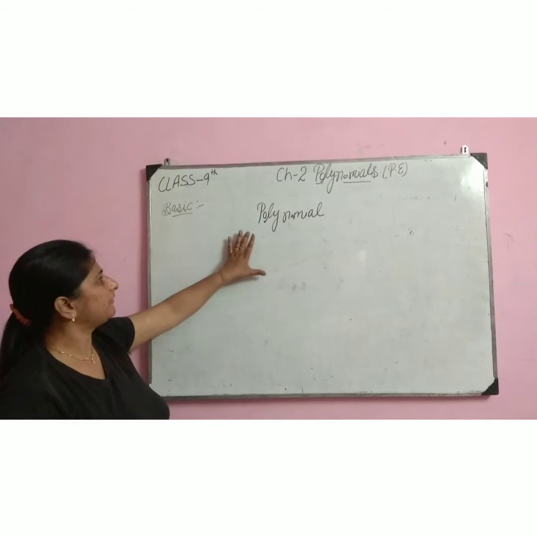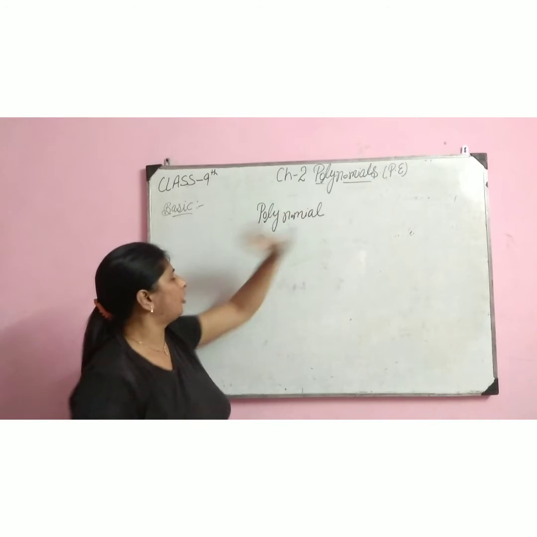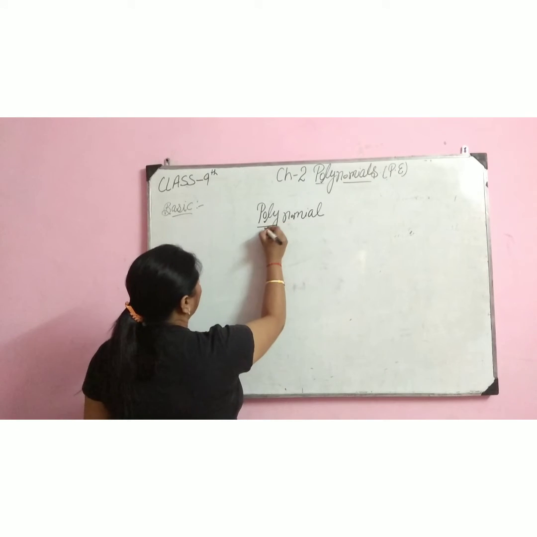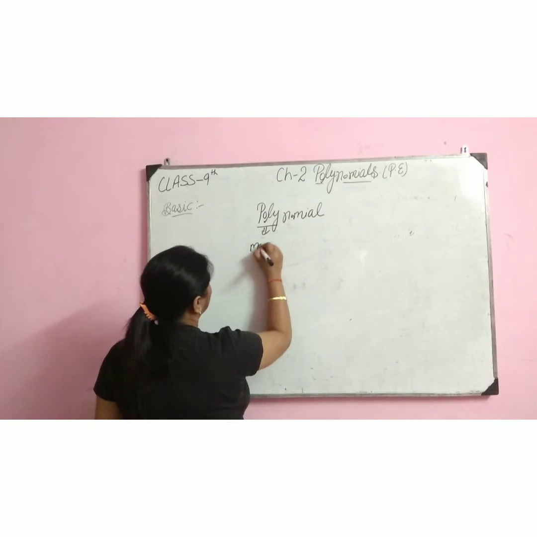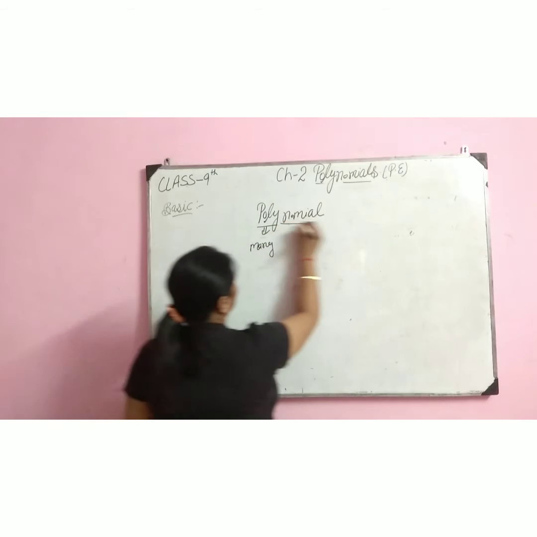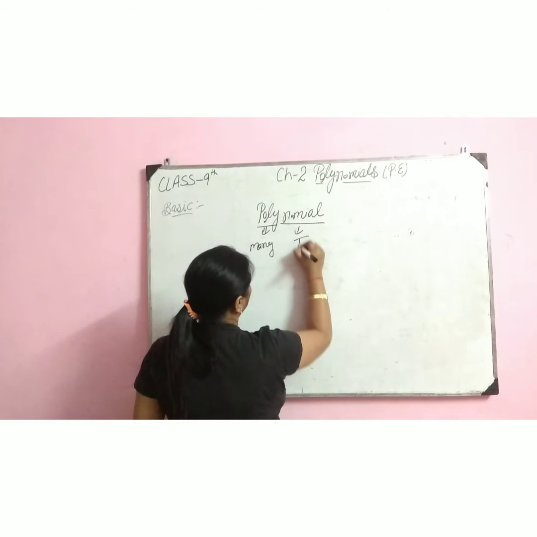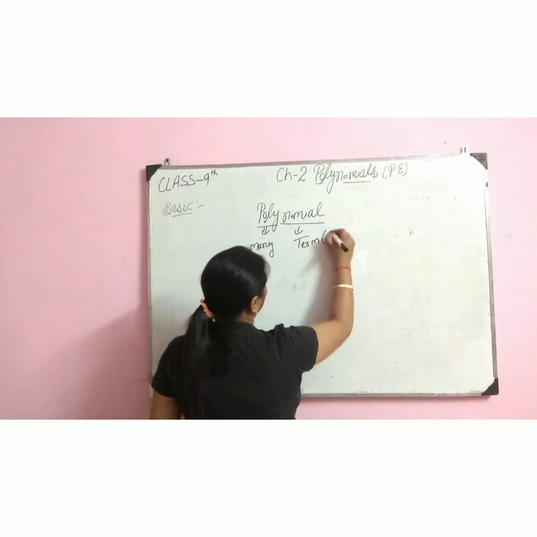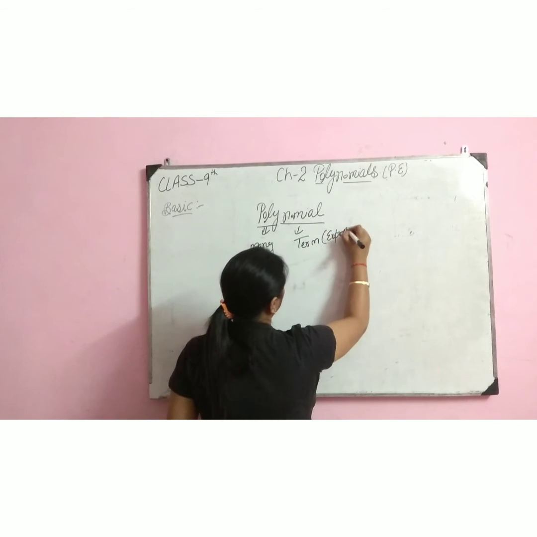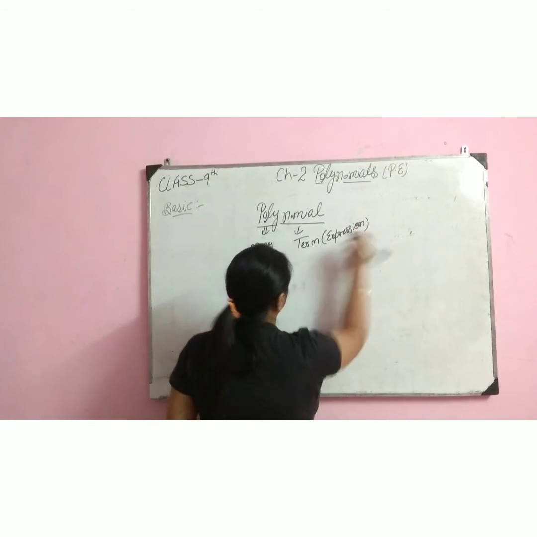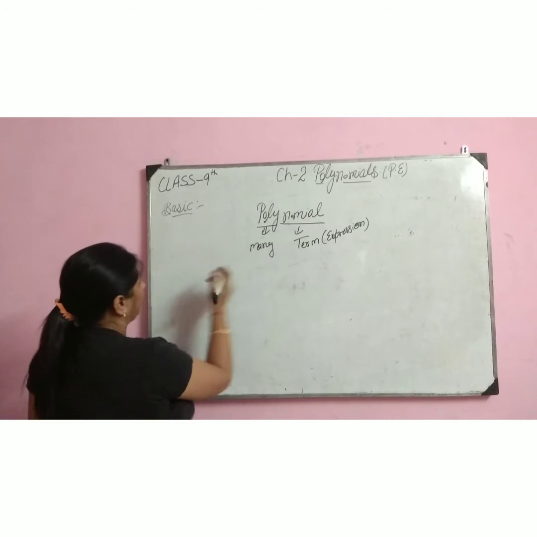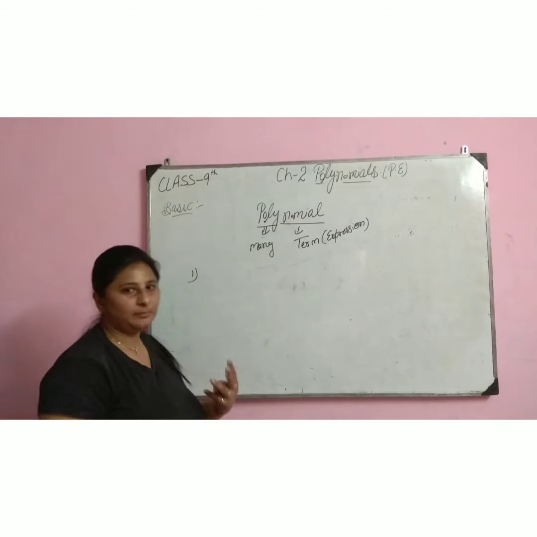Now we are discussing the polynomial. Poly means many. Nomial means term, expression. In our topic, we discuss three kinds of polynomial.